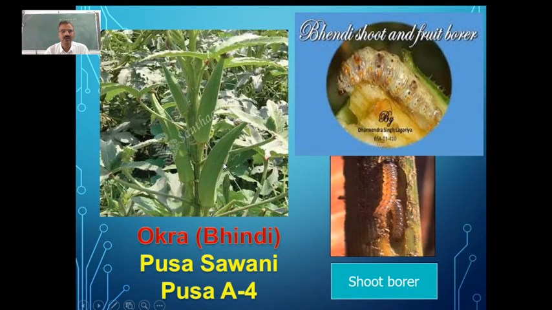Then in bindi, that is okra, we have the fruit borers and also the shoot borers. So this bindi is affected by shoot borer and also fruit borer. It is very difficult to get the normal fruits here because of the fruit borer. Now we have developed the varieties Pusa Sawani and Pusa A4. These are the two varieties which have been developed by IARI.